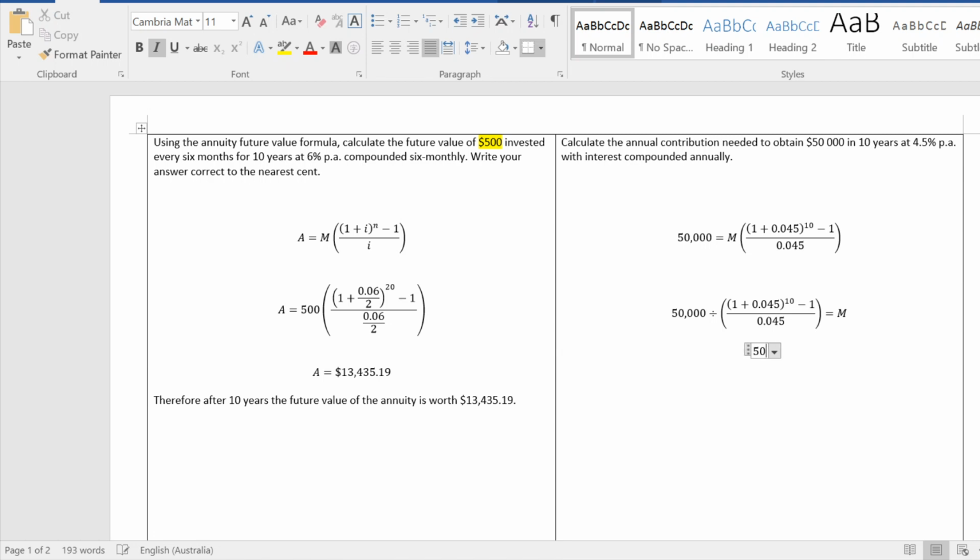Let's calculate what M is equal to. So I'm doing 50,000 divided by what appears in the brackets, all to the power of 10, take away the 1, and then we are dividing that by 0.045.